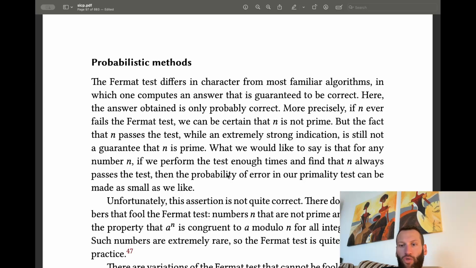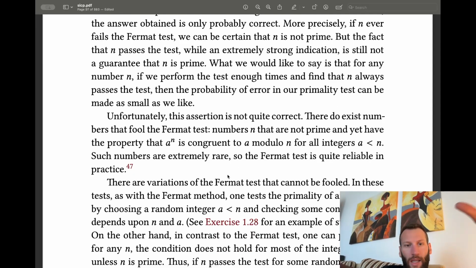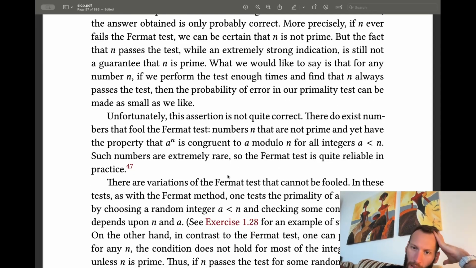What we would like to say is that for any number n, if we perform the test enough times and find that n always passes the test, then the probability of an error in our primality test can be made as small as we like. Sounds good? Unfortunately, this assertion is not quite correct.